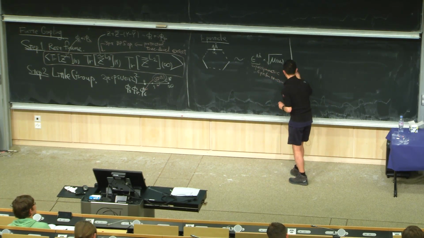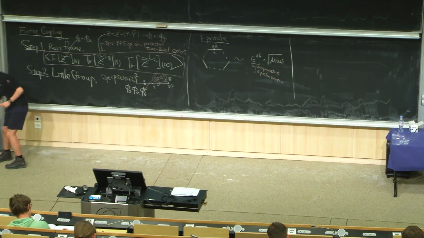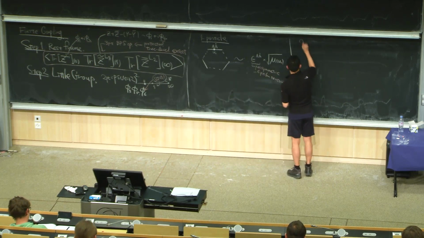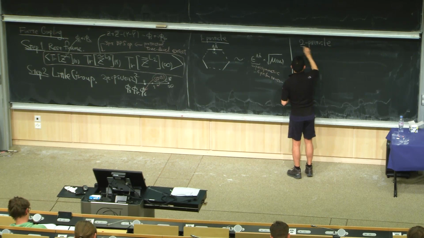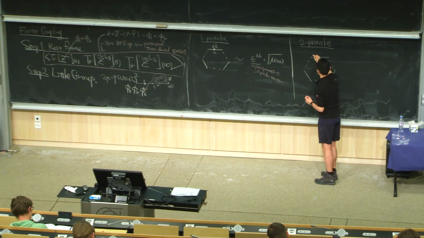Now, I can also ask what the two-particle structure is. So now you have two particles on the hexagon, A dot and B dot.